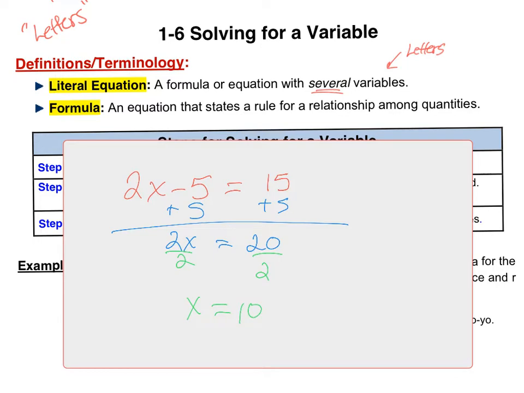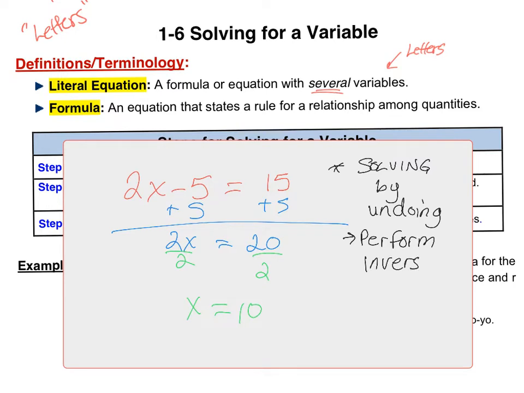You're undoing what's being done in reverse order. So you're solving by undoing. You perform inverse operations, backwards. So the last thing you do is the first you undo.